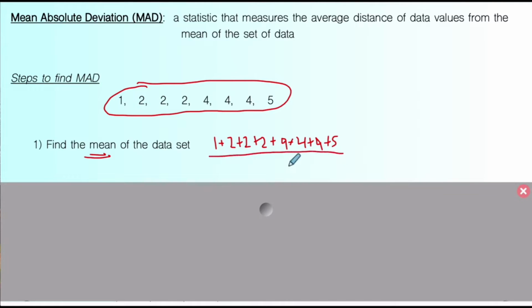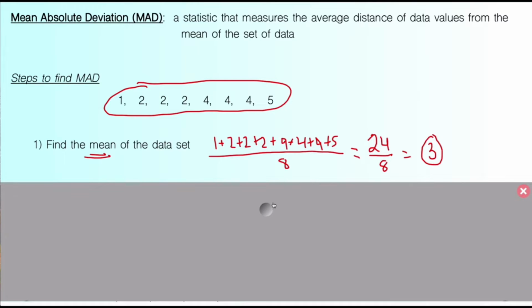So 1 plus 2 plus 2 plus 2 plus 4 plus 4 plus 4 plus 5, all of that divided by 8. So according to my calculations, the sum of these numbers is 24, which when you divide that by 8 is 3. Cool. So I found the average, I found the mean. The mean of this data set is 3.